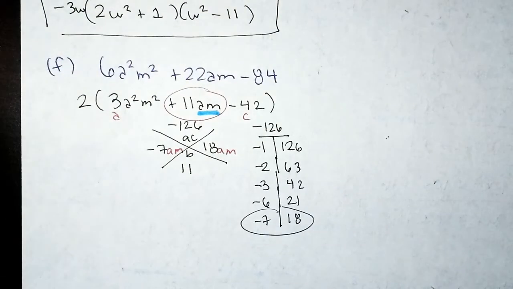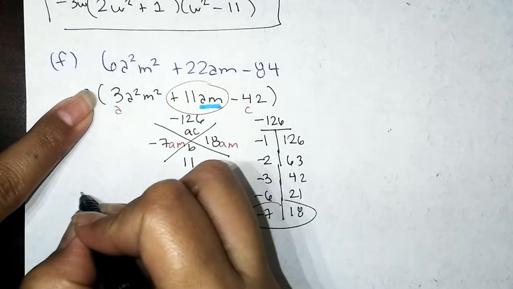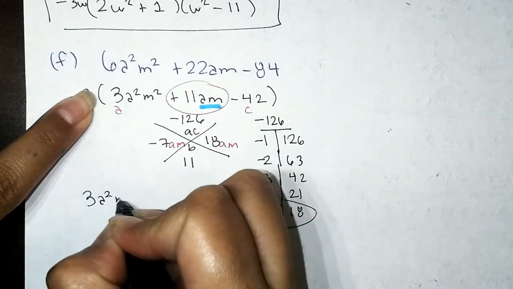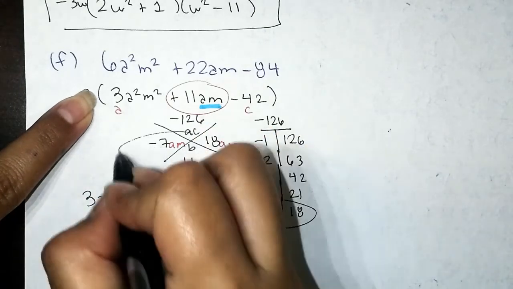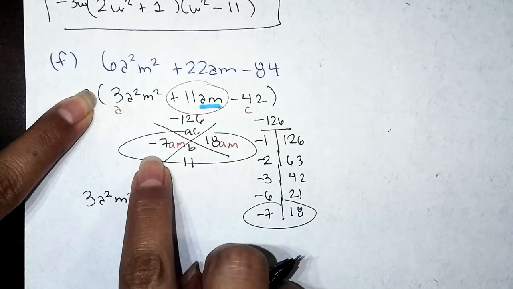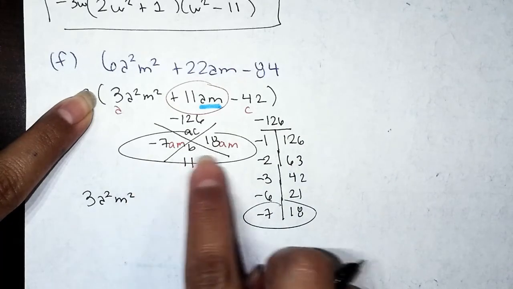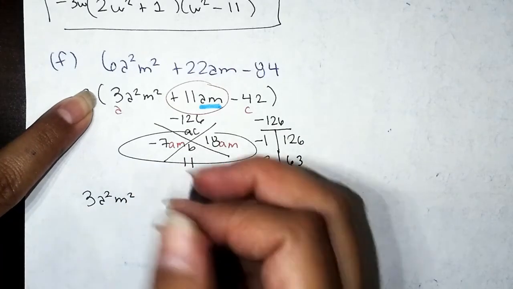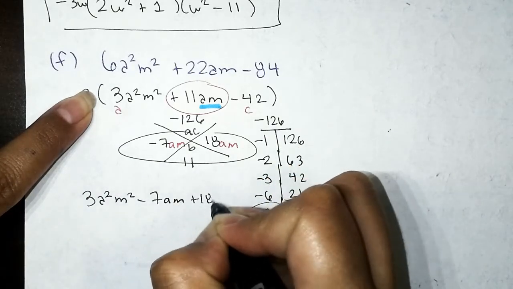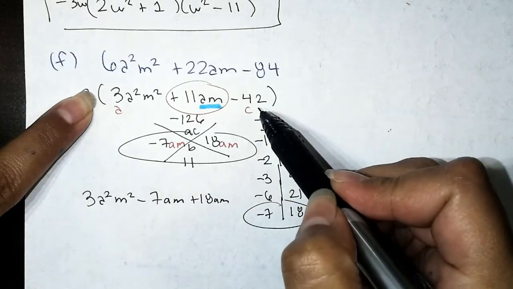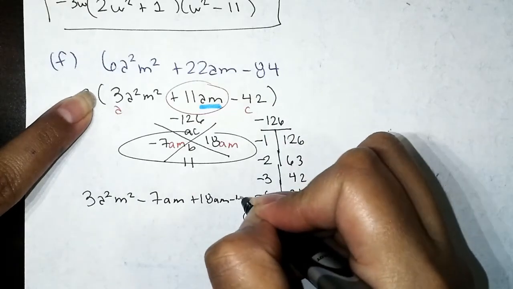So the first term reads 3a squared m squared. We are splitting that middle term and replacing it with negative 7am and positive 18am. And then we bring down the rest of the problem, which is minus 42.